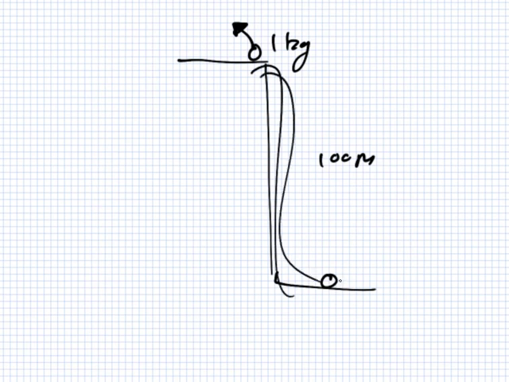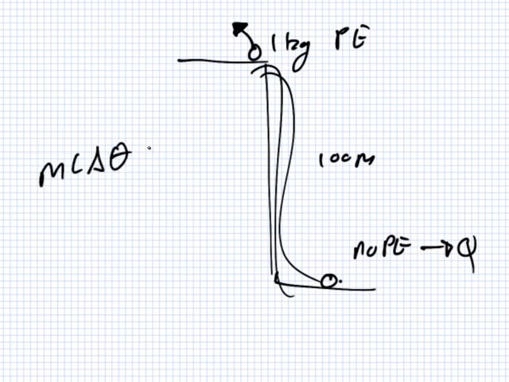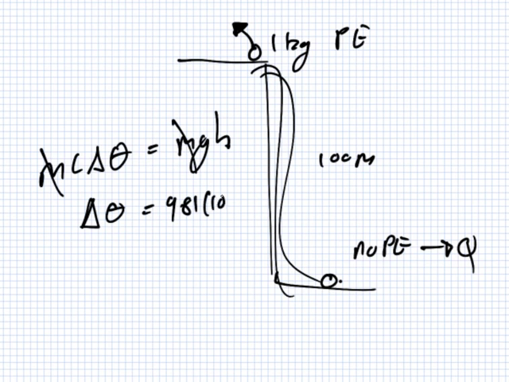This will have potential energy. This has no potential energy. So the potential energy actually became heat. So you have this formula, mc delta theta equals mgh. We can cancel the m's. We get delta theta equals 9.81 times 100 over 4181.